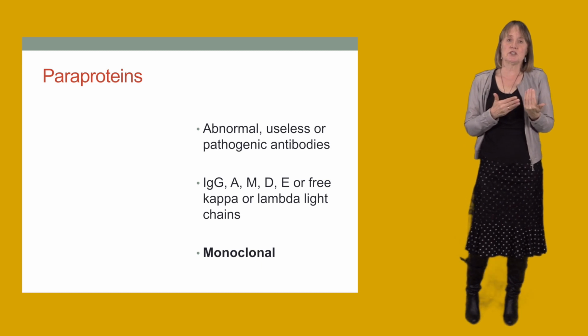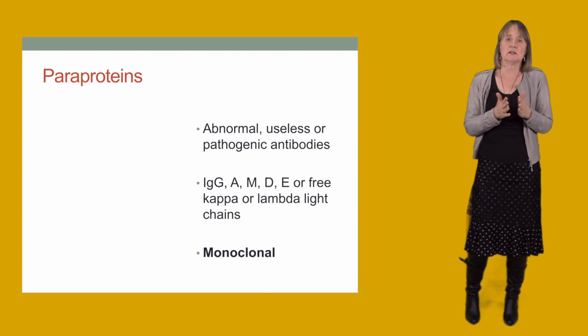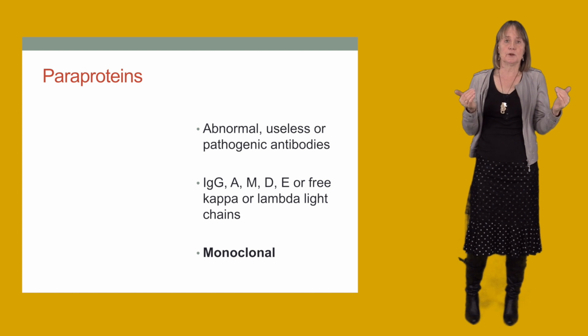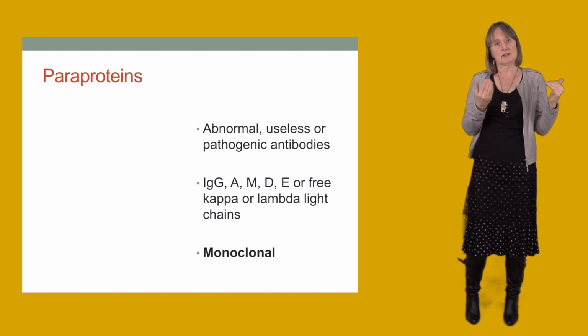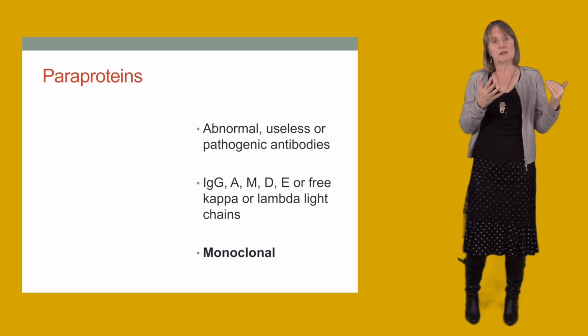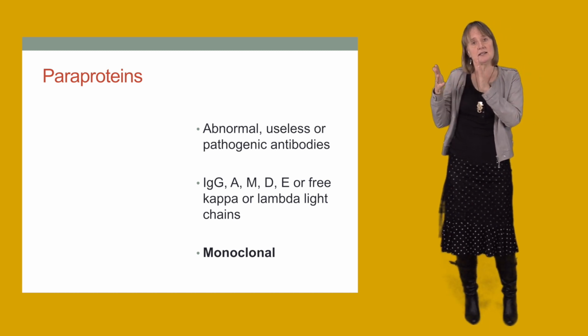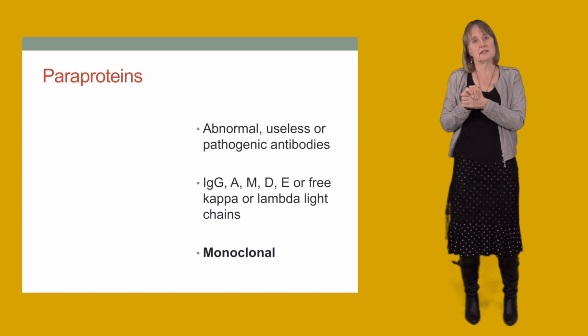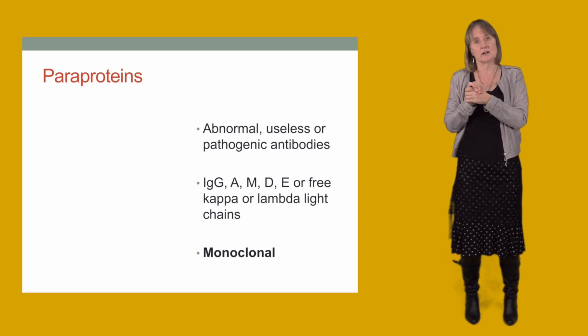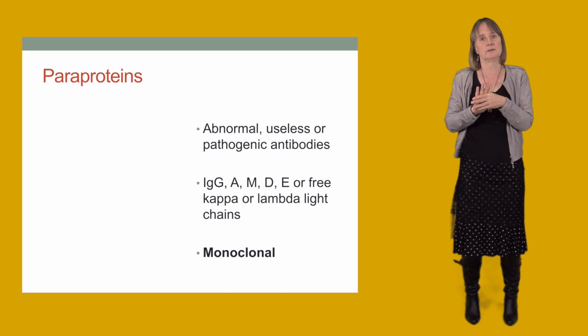What causes confusion in general practice is that we sometimes see raised globulins as a reactive phenomenon, and people often struggle to understand what the difference is between reactive hypergammaglobulinemia, a polyclonal increase in globulins, and the paraprotein, which is a monoclonal band seen on electrophoresis, which represents the clonal immunoglobulin.